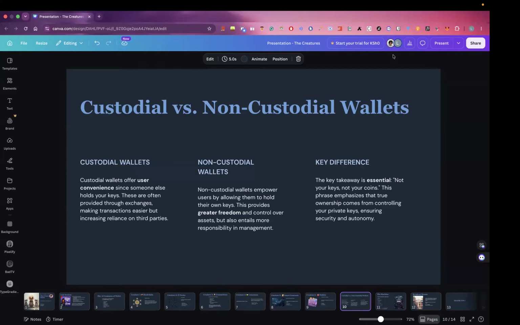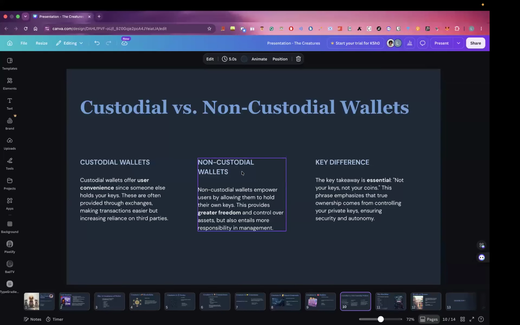Once those 3 are met, the transaction goes through. Otherwise, it will not. Then we have custodial wallets and non-custodial wallets. Custodial wallets are the ones that are controlled by exchanges. They're custodial because someone else is the one who holds your keys. They're not in your control, and they're often provided through exchanges.